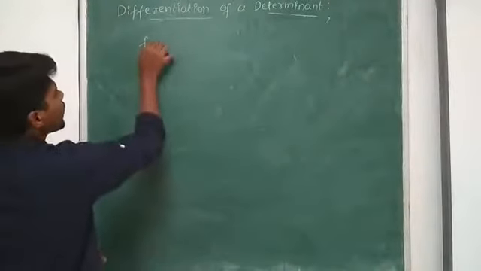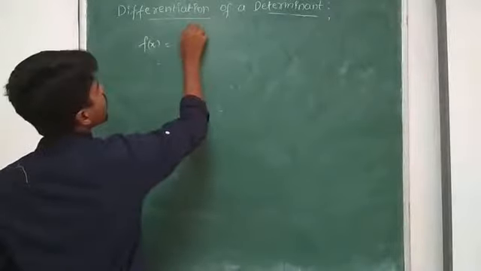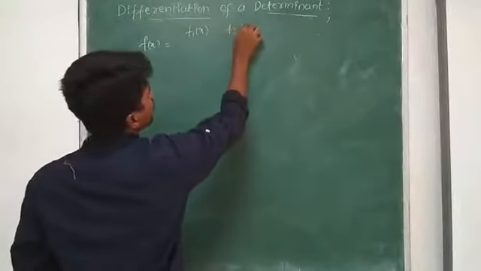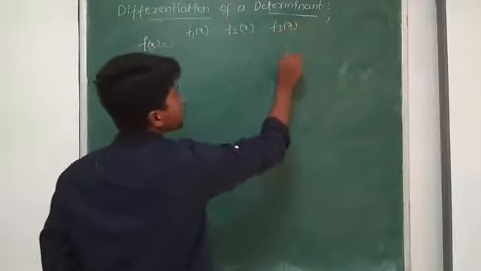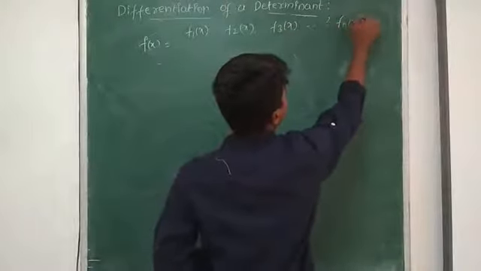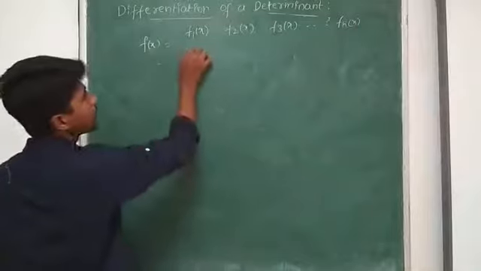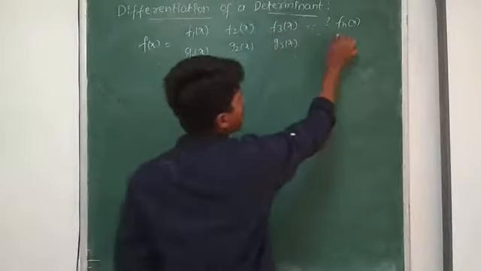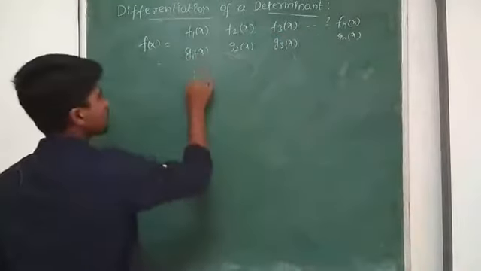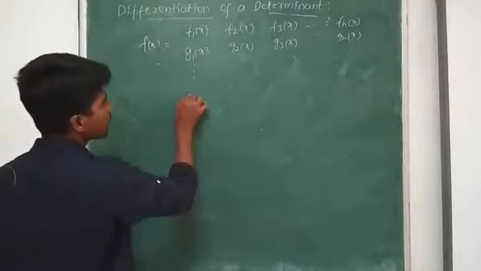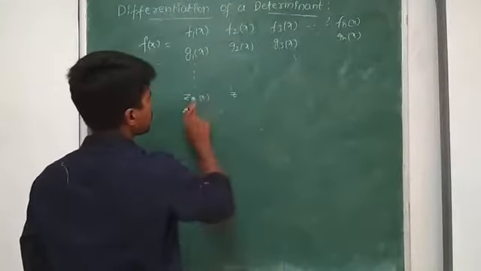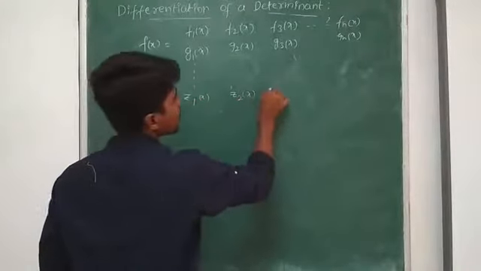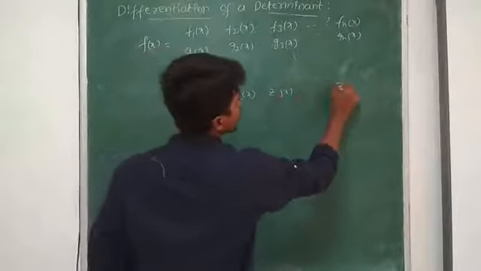Suppose they have given f of x as a determinant with first row f1x, f2x, f3x and so on, fnx, second row g1x, g2x, g3x and so on, gnx, likewise up to z1x, z2x, z3x and so on, znx.